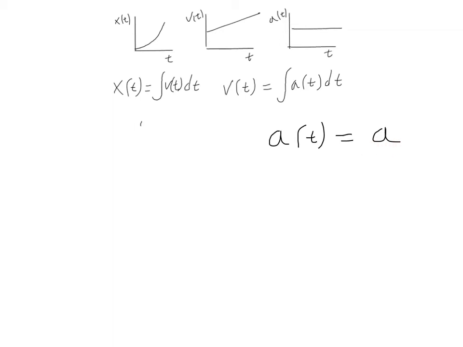So a is a constant, so that would be like 3 meters per second squared. But I'm going to leave it as letter a, for a reason that you'll see in a second. In order to fully solve this problem, we need a boundary value, or some additional piece of information that'll help us determine c. In this case, our boundary value is going to be the velocity at time equals 0.